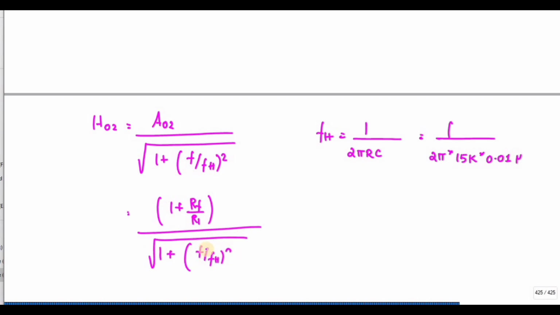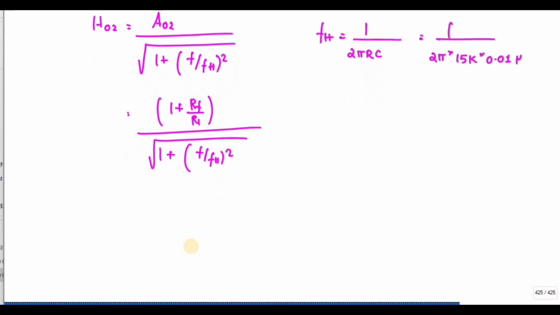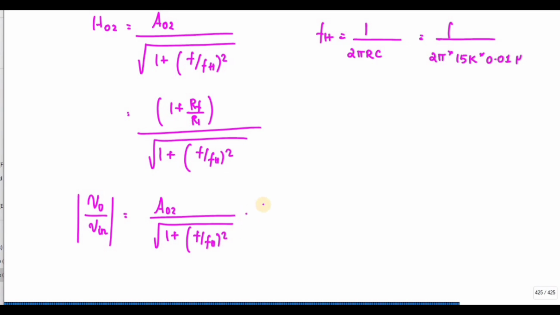Since I have cascaded these, I will get the overall gain, that is V naught divided by V in. This is nothing but the multiplication of these two values, that is A naught 2 divided by the root of 1 plus f divided by fH squared, into A naught of 1 into f divided by fL, divided by 1 plus f divided by fL the whole squared, right?